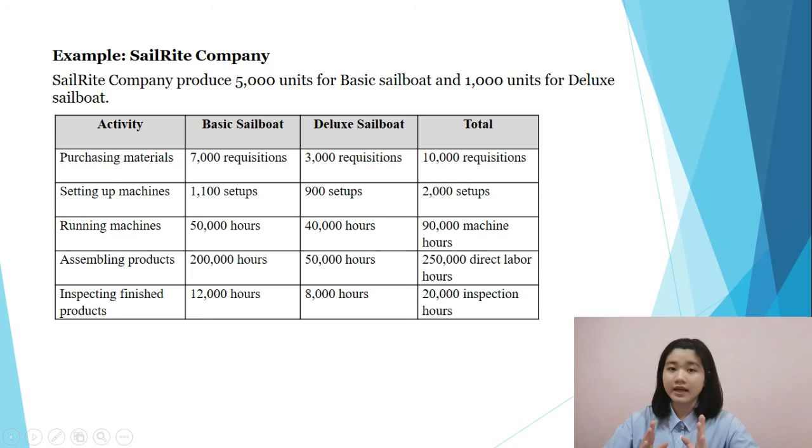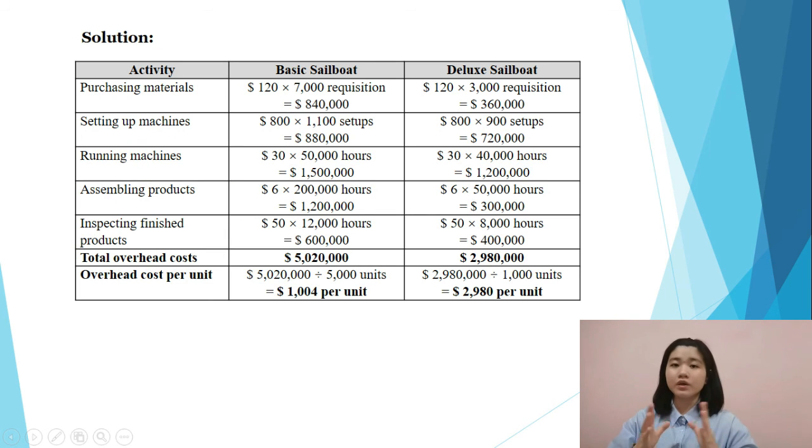We continue with the example of Cellrite Company. Cellrite Company produced 5,000 units of basic sailboat and 1,000 units of deluxe sailboat. In the slide, the information related to the activities involved in the production of the basic sailboat and the deluxe sailboat is given.